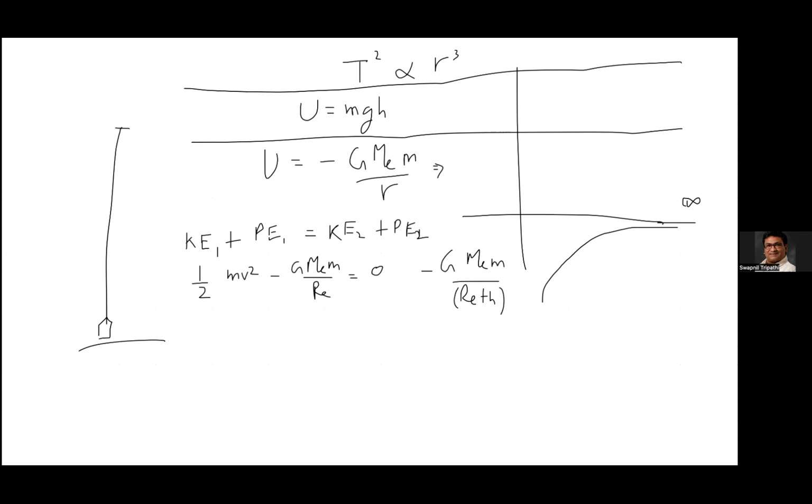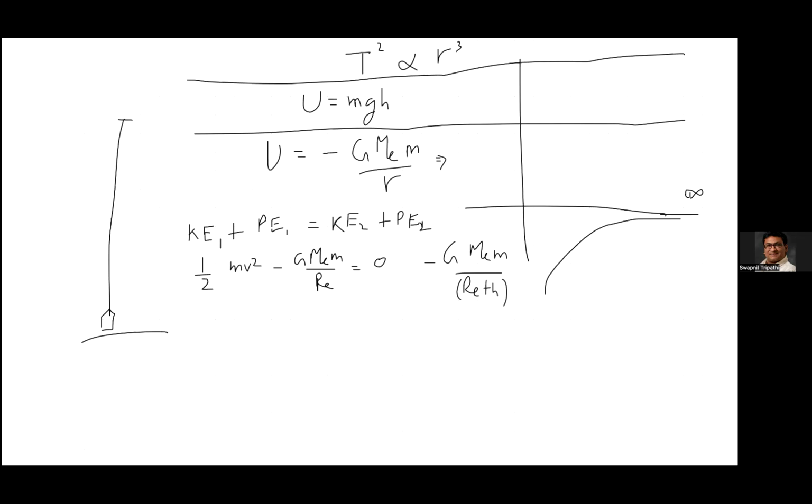Then there is a topic which is called escape speed. Whenever we send these rockets, we shoot something with a very high speed. It goes quite far away, but eventually it gets pulled back and comes back down to Earth. But it is possible to shoot something with such a speed that it never comes back.